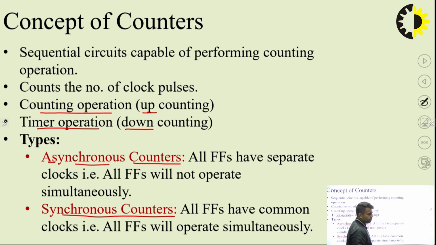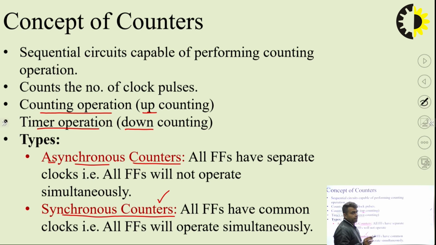Okay. So the types are asynchronous counters and synchronous counters. We have discussed in the very first line that counters are counting the clock pulses and are made up of flip-flops. If all the flip-flops have a single clock, that is, the clock is common to all the flip-flops, then those counters are known as synchronous counters.